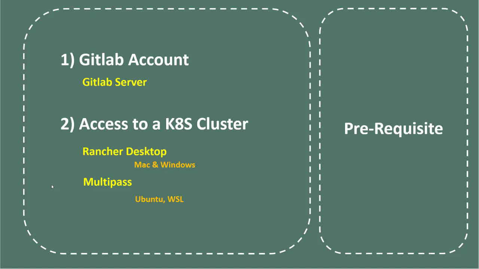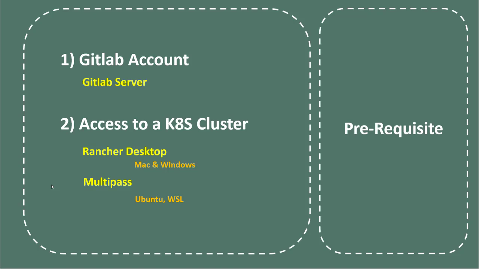Also, there is another choice to bring up a Kubernetes cluster on your local machine. If you are using a Windows or Mac machine, you can install and configure Rancher Desktop on your computer.